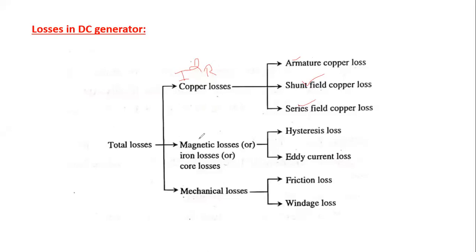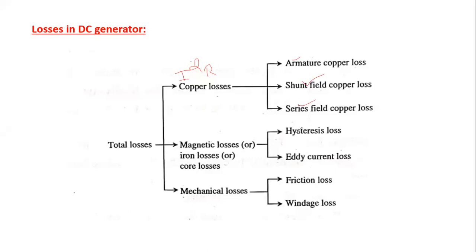Next, coming to the second type of losses, that is the iron losses. These are also called core losses or magnetic losses. Iron losses are classified into two types: hysteresis losses and eddy current losses.